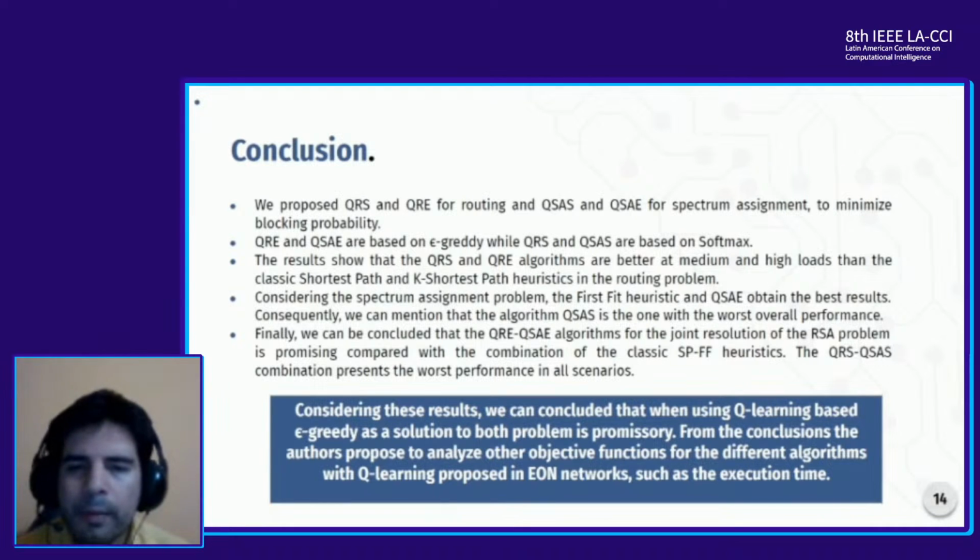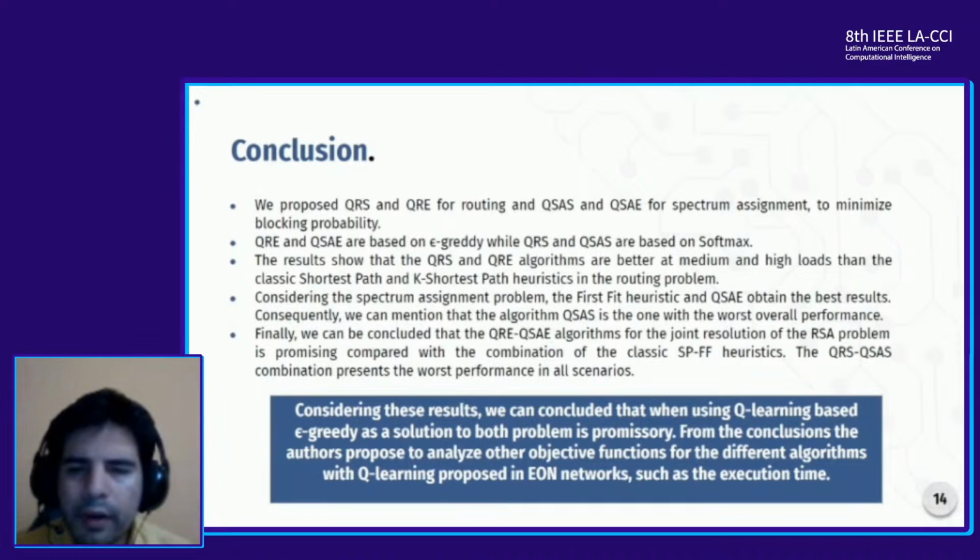The results show that the QRS and QRE algorithms are better at medium and high loads than the classic shortest path and k-shortest path heuristics in the routing problem. Considering the spectrum assignment problem, the first fit heuristic and QSAE obtain the best results. Consequently, we can mention that the algorithm QSAS is the one with the worst overall performance.